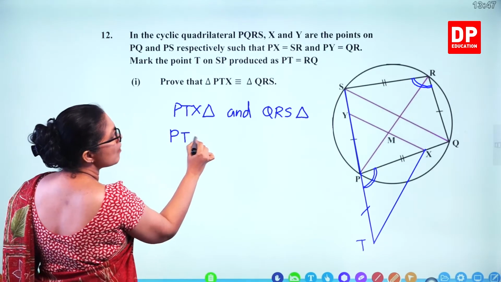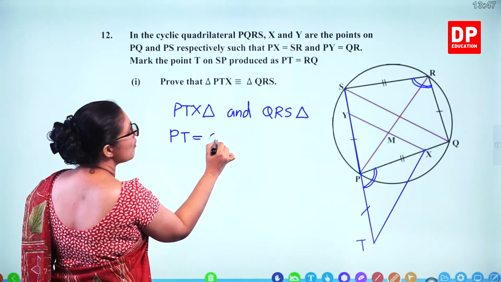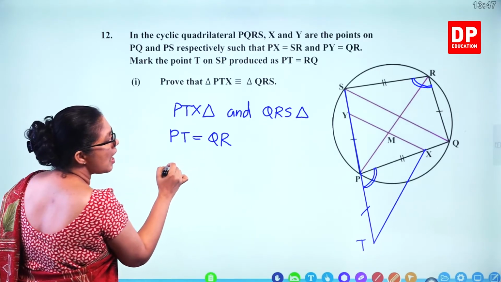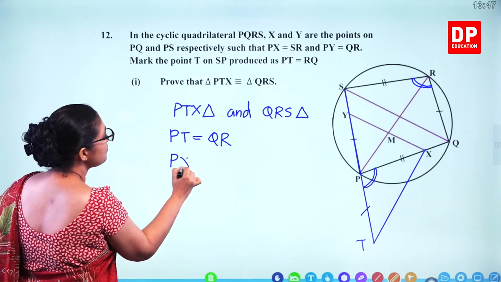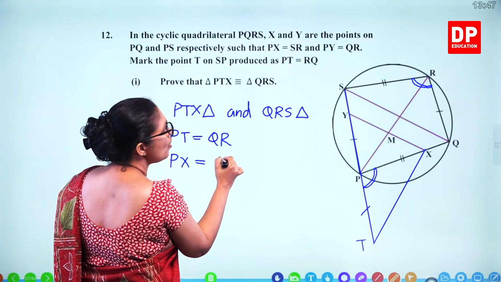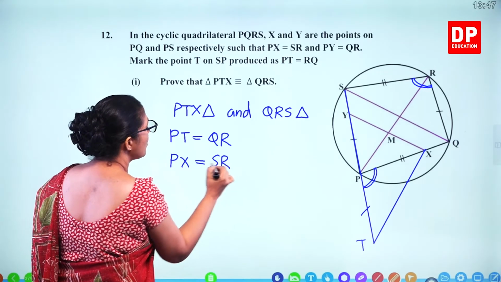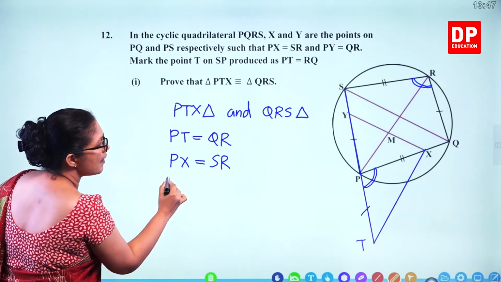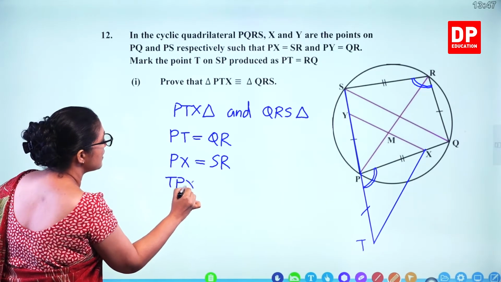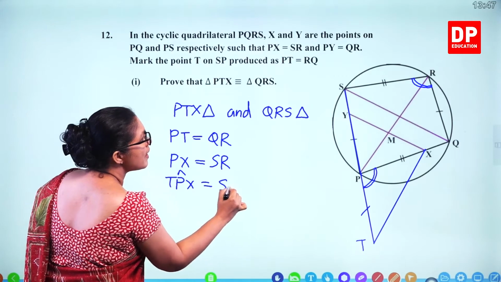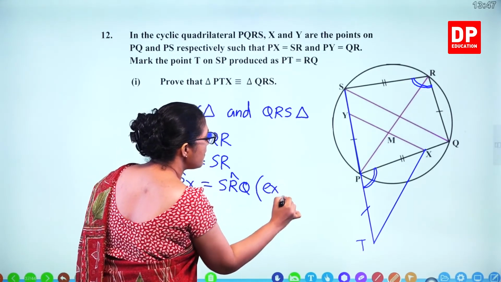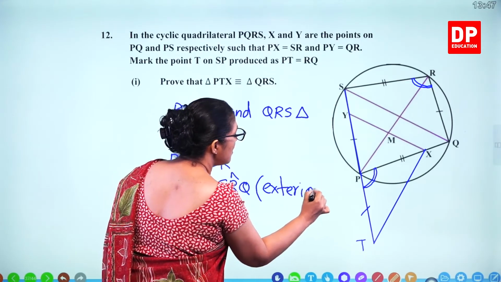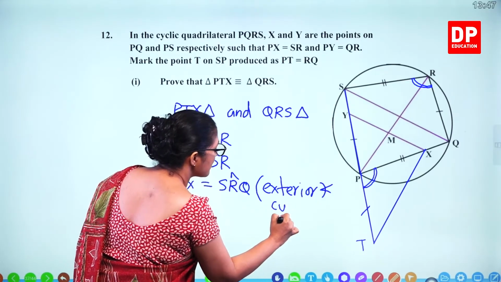PT is equal to QR, it's given, and PX is equal to SR, that's also given, and we can write TPX angle is equal to SRQ angle because of exterior angle of cyclic quadrilateral.